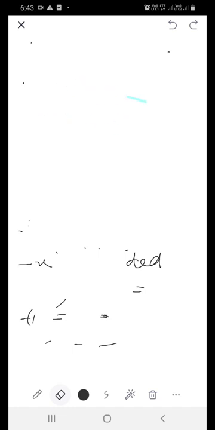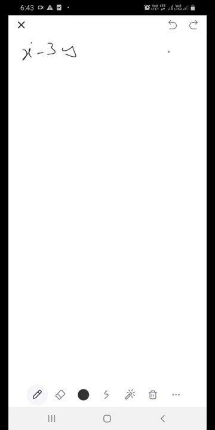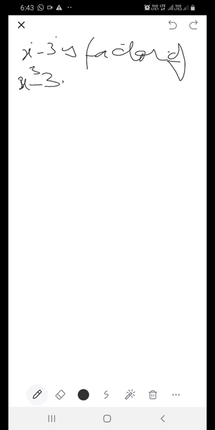Because the question says, show that x minus 3 is a factor of x cube minus 3x square plus 4x minus 12.